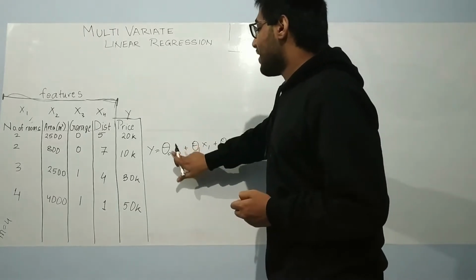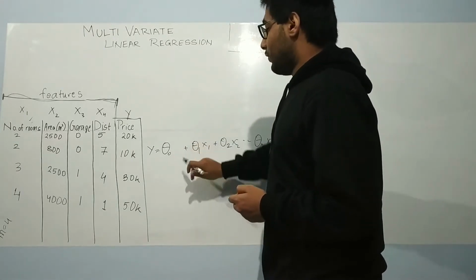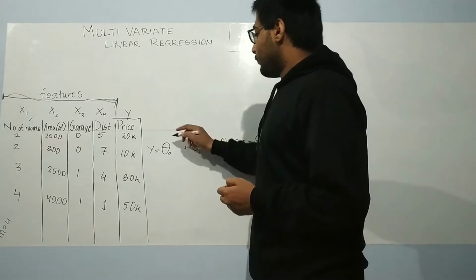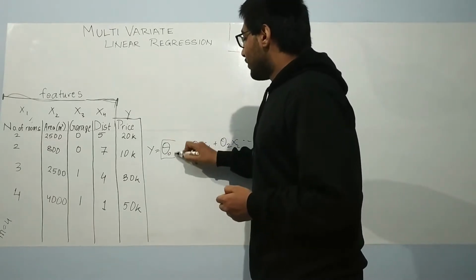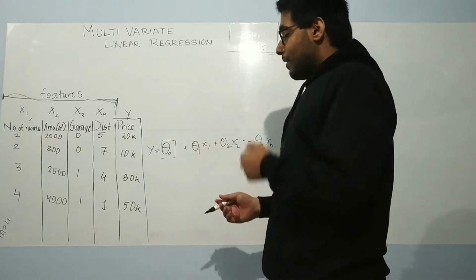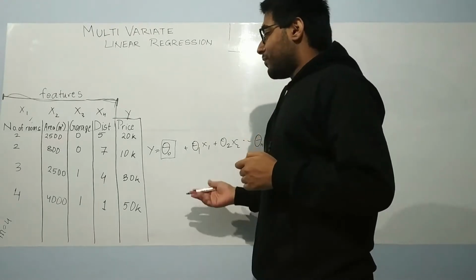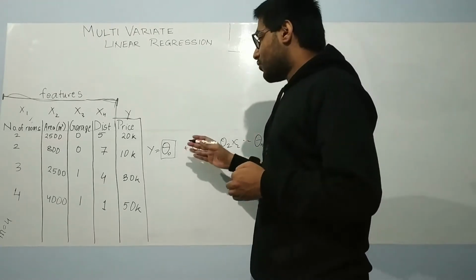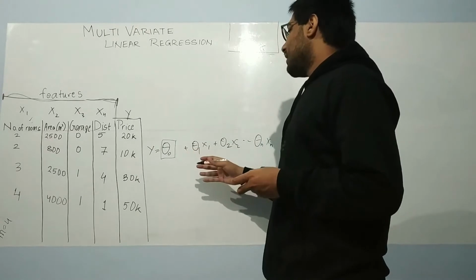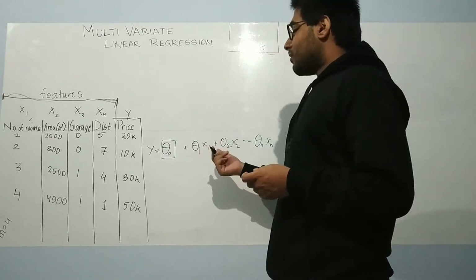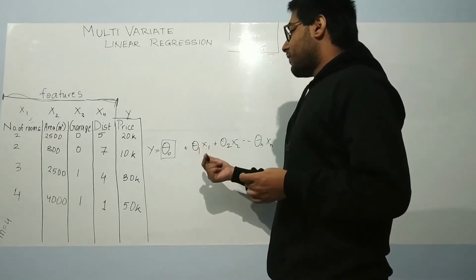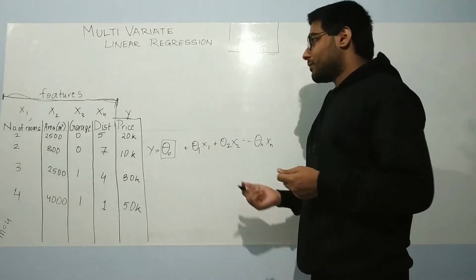Since we don't have x naught, we can replace it with 1. We want theta naught to be a constant parameter which is not related to any x, so we keep theta naught independent of x, and x naught will be 1.